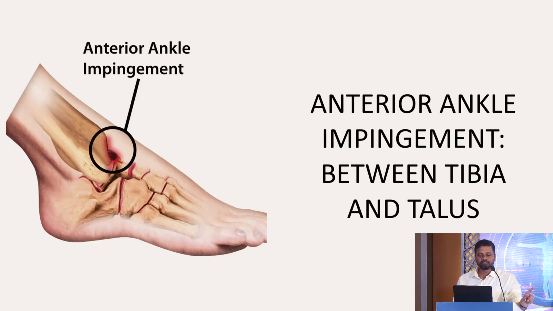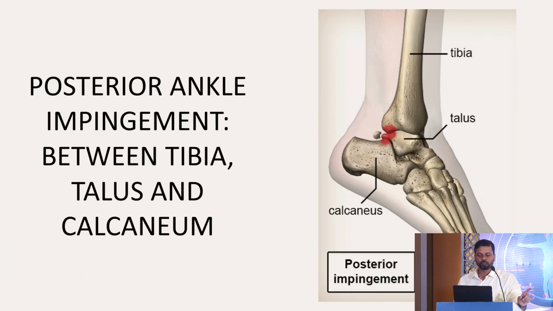Never forget, if the patient is coming to you with chronic anterior pain, think about anterior ankle impingement basically. Anterior ankle impingement. This is posterior ankle impingement. You can provoke the pain by basically flexing the foot.